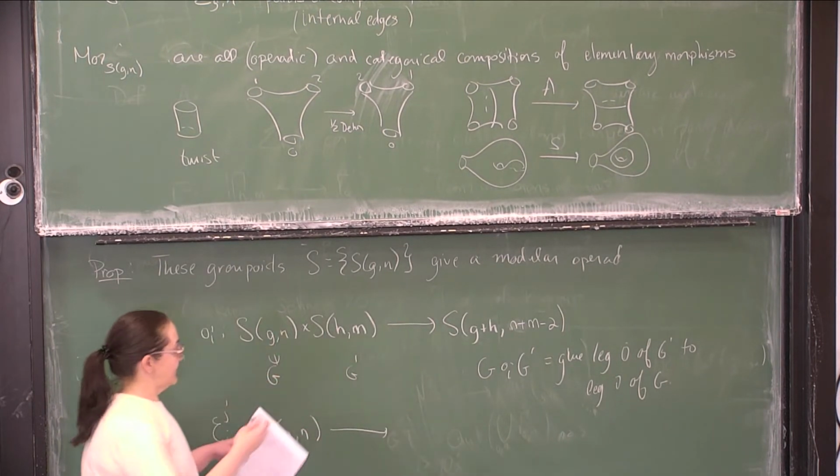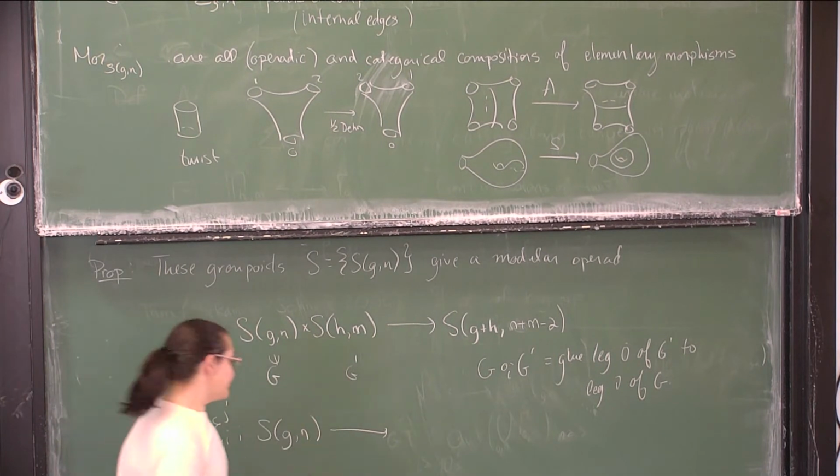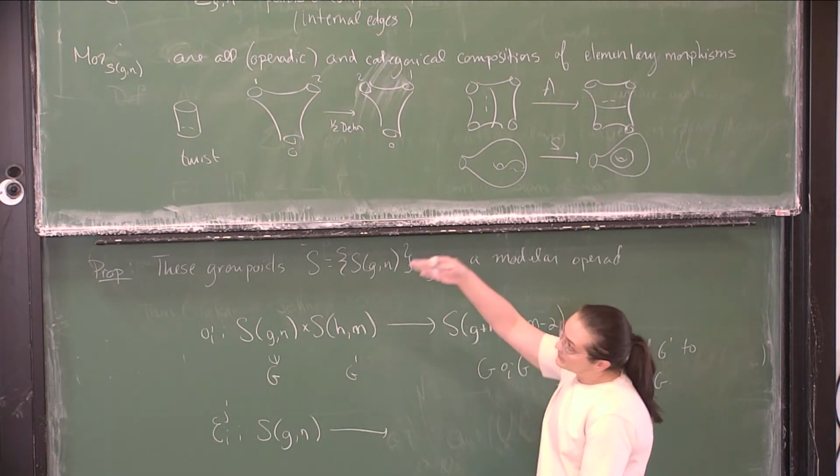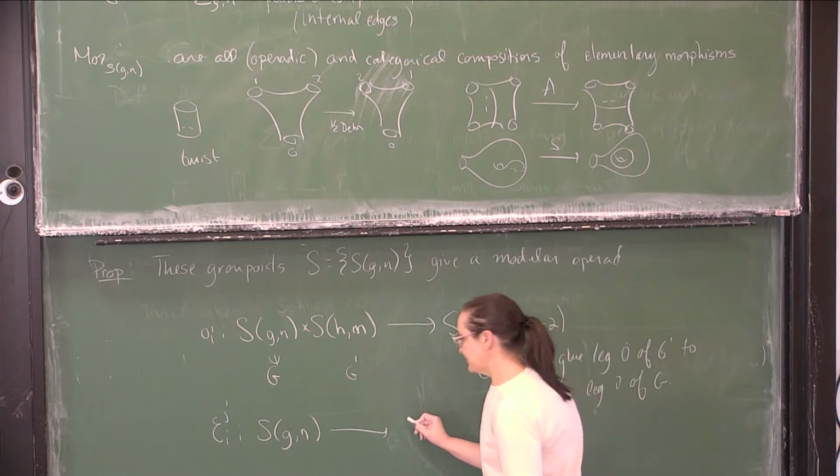Oh, sorry, and then on morphisms, the functor is inclusion of Dehn twists. So I'm trying to capture exactly the nice maps in the tower.